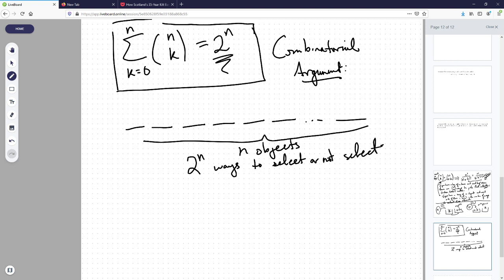This is equivalent to saying that there's 2 to the n ways to say that this light switch is on, this one is off, this one is on, off, on, this one is off, right? So there are 2 to the n ways to do that.